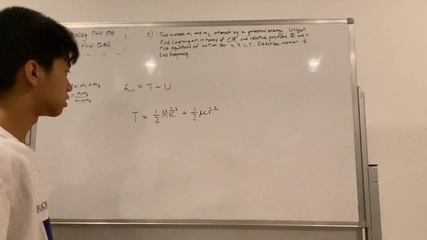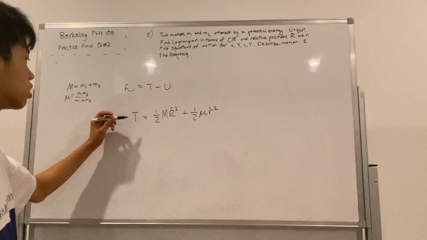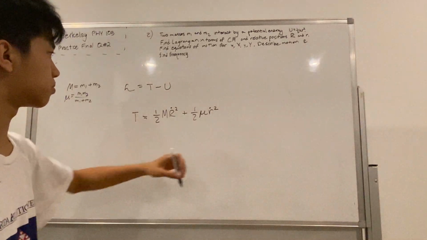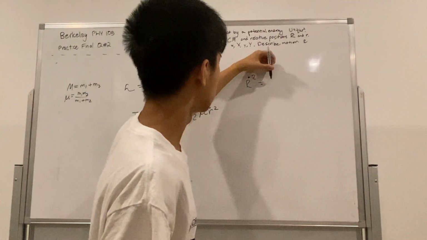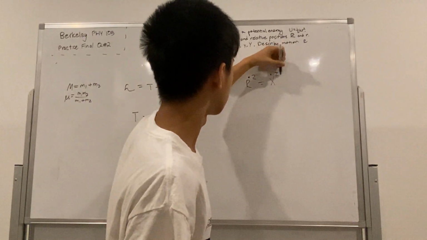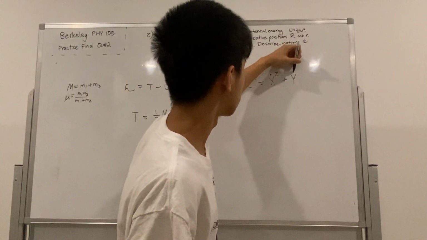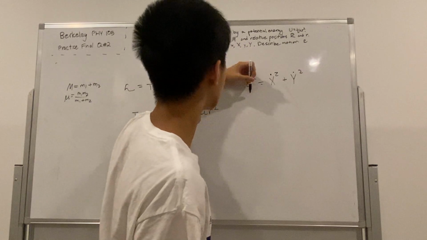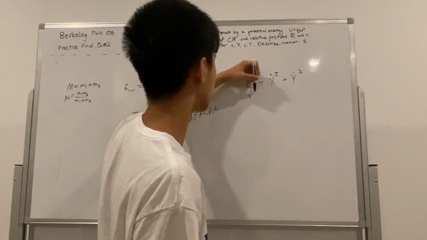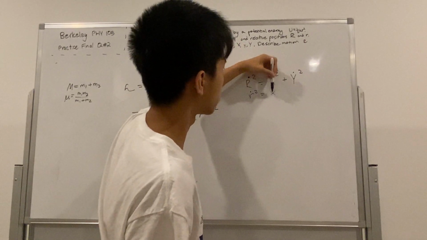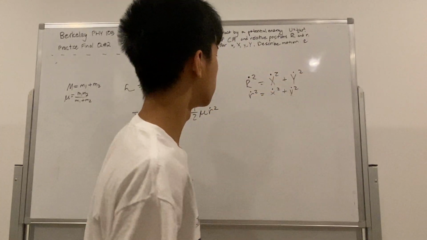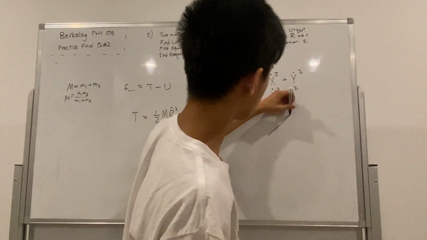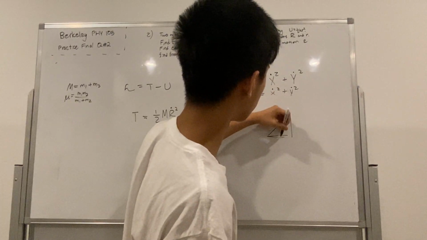We can make this substitution later. But just know that the reason you can do this is because of the Pythagorean theorem. I'm just going to draw a triangle here.